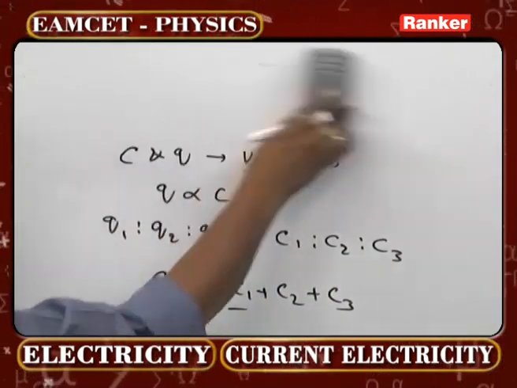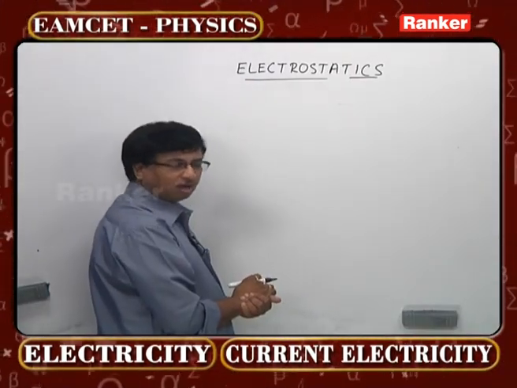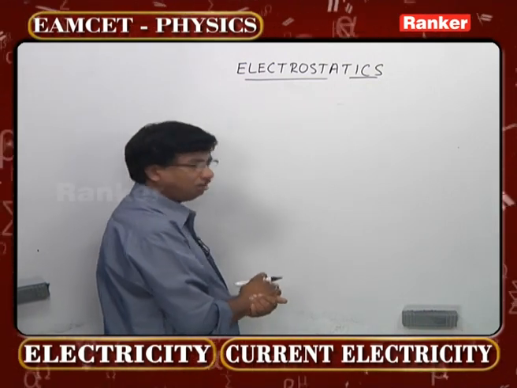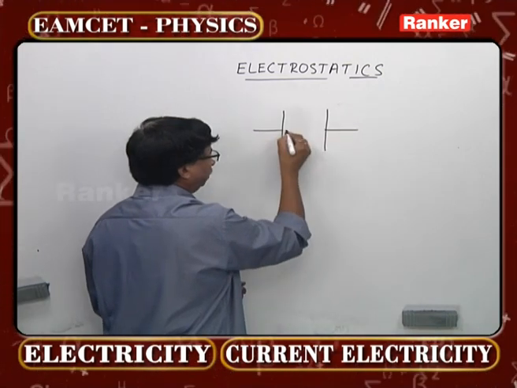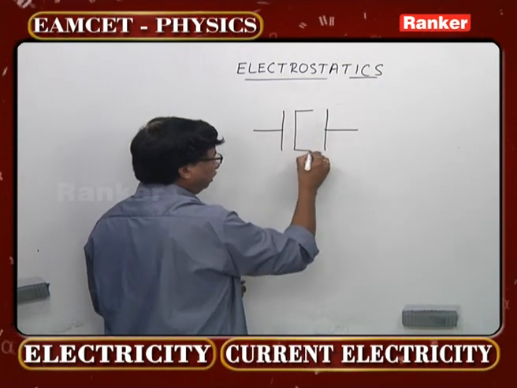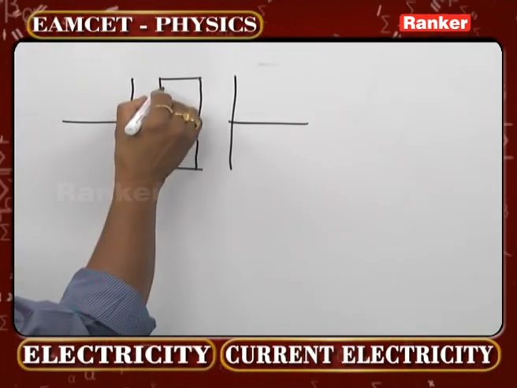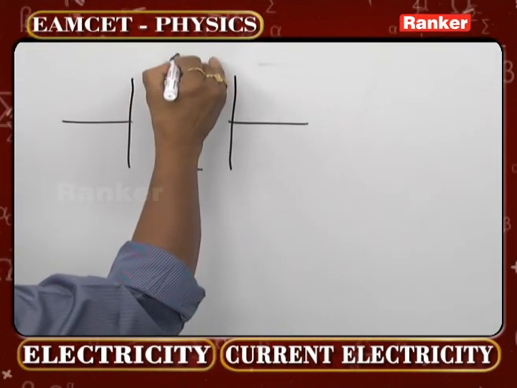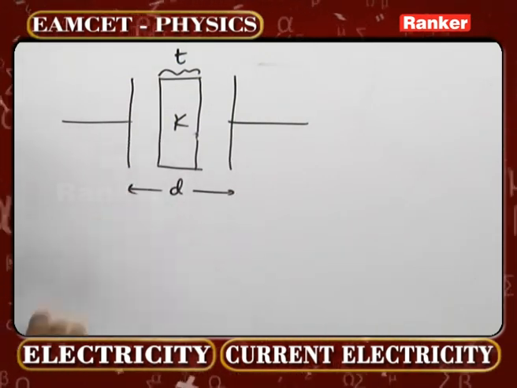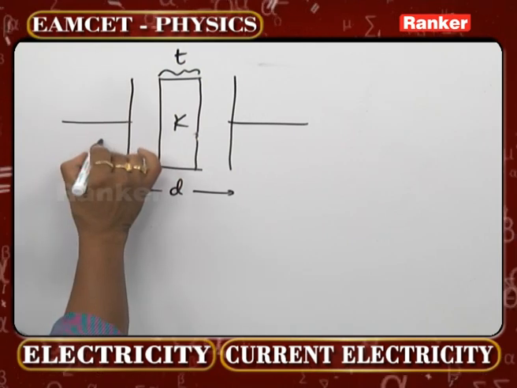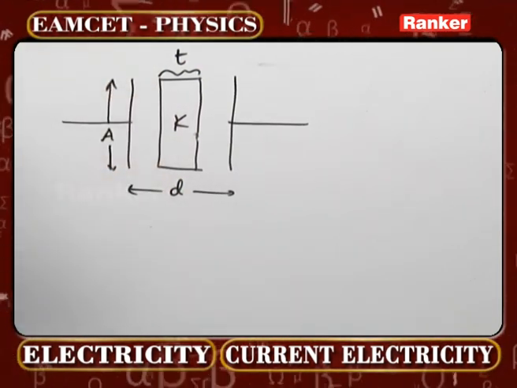Come to the next one in the same manner. What is the influence of a dielectric on the capacity of a condenser? If we consider a parallel plate capacitor this way, and I place in between these two plates a dielectric medium of constant K having a thickness T, and the distance of separation between the plates is D, and A is the area of each plate.